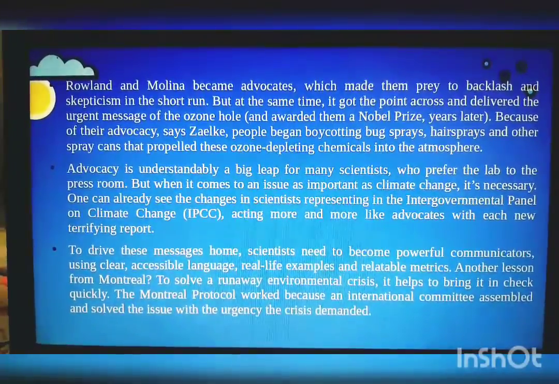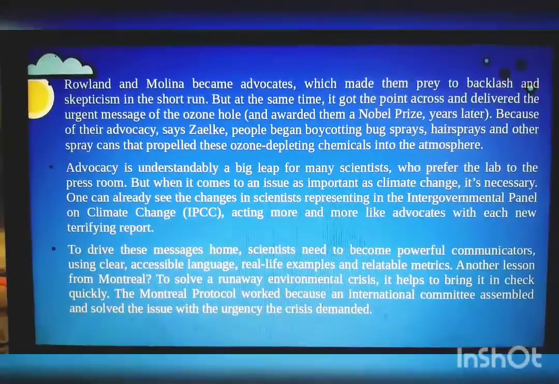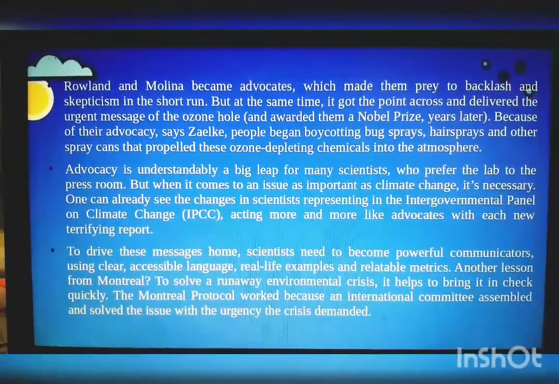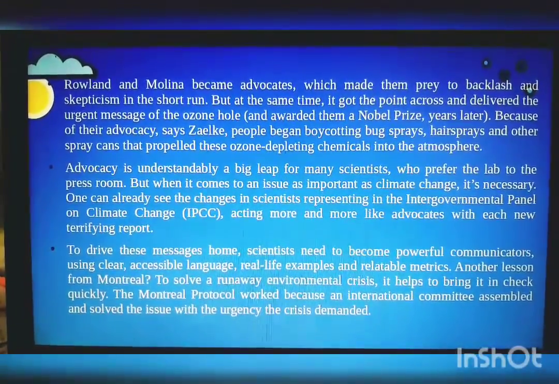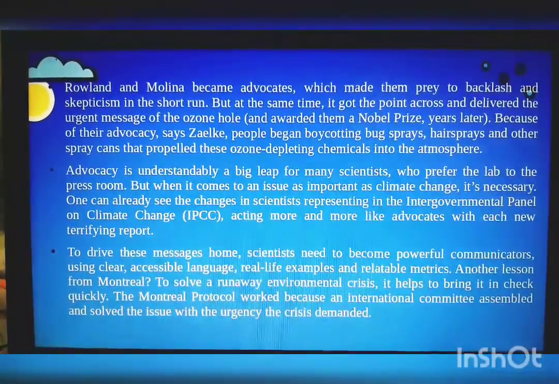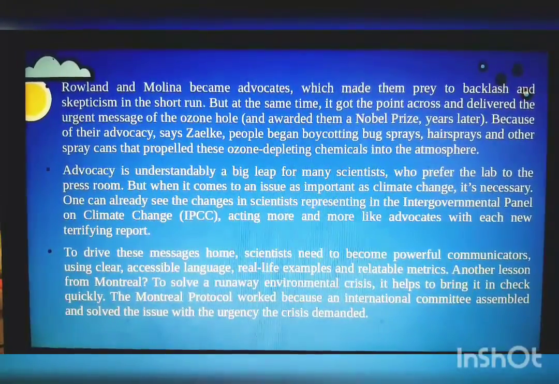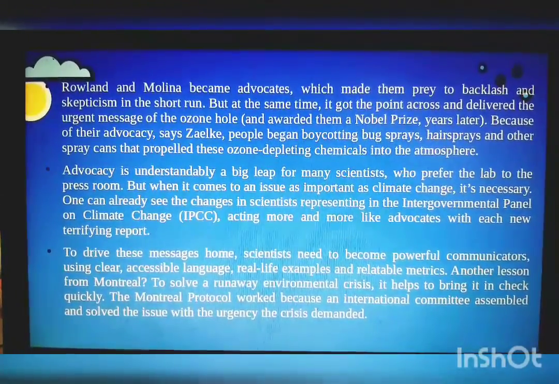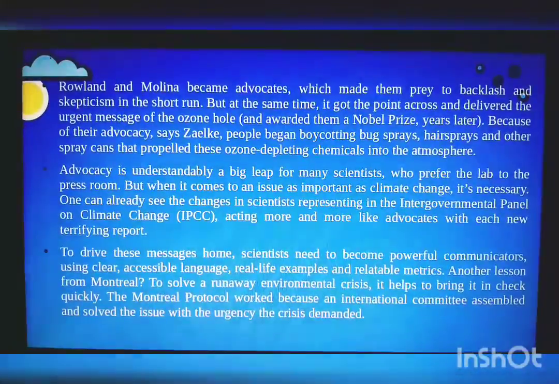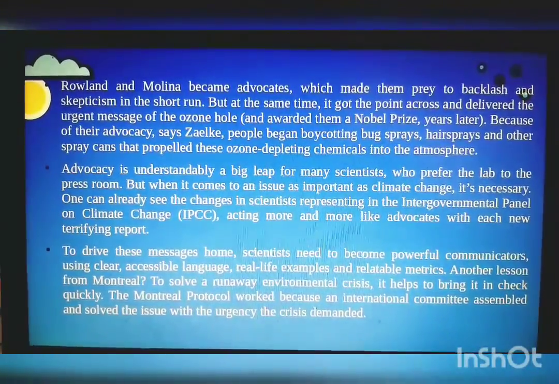Advocacy is understandably a big leap for many scientists who prefer the lab to the press room. But when it comes to an issue as important as climate change, it's necessary. One can already see the changes in scientists representing the Intergovernmental Panel on Climate Change acting more and more like advocates with each new terrifying report.